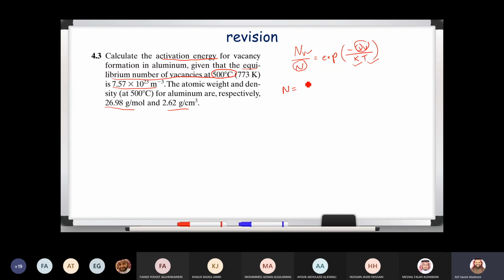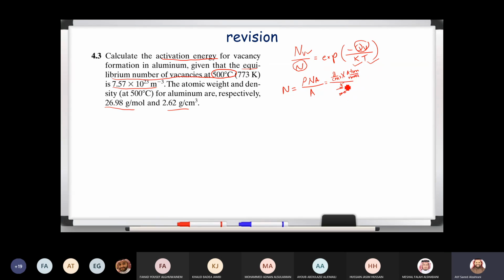We say that N is basically rho NA over A. If you are not sure whether this is correct, what you need to do is write the units: gram per centimeter cubed, atom per mole, and gram per mole.